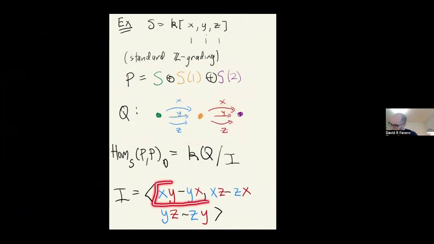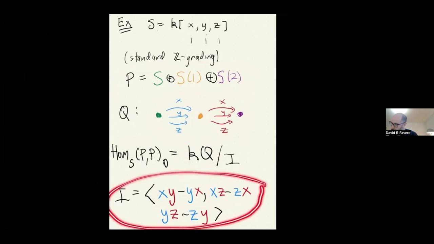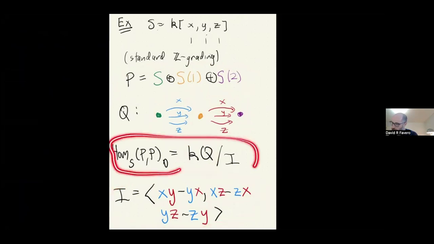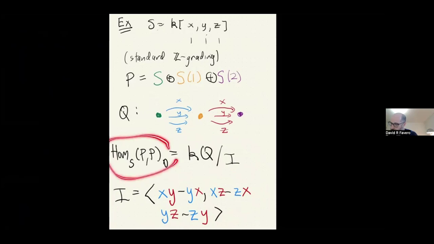So I introduced that relation, and I also need that for, of course, all of the monomials. So if I take all linear combinations of paths, and I quotient by this ideal, I'm going to recover this. And now this I want to think of as a topological description of this algebra. Okay? So that's what I'm going to make precise for the rest of the talk. And I'm going to see if we can get some mileage from that. Okay?